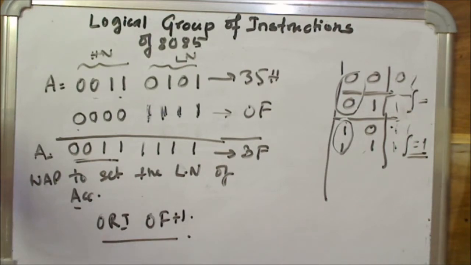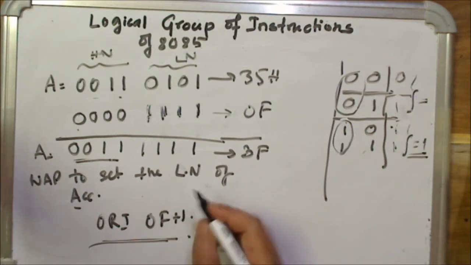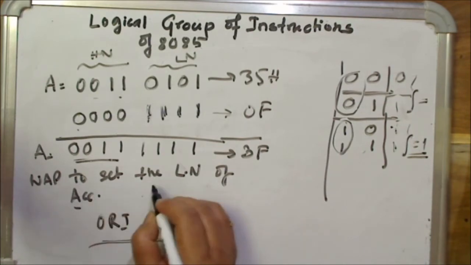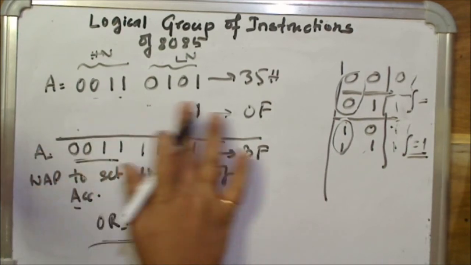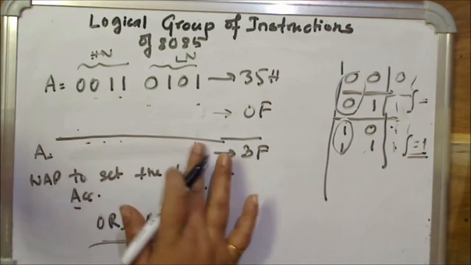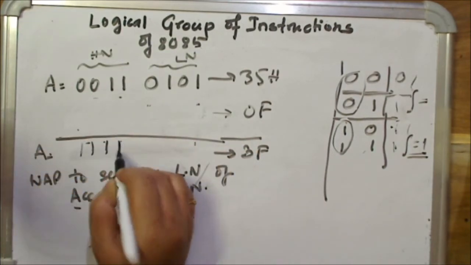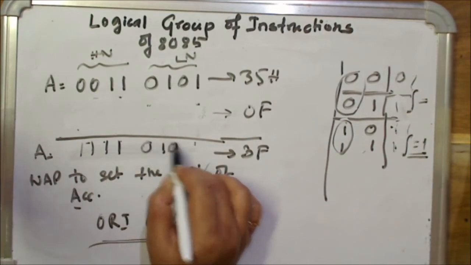What does the instruction mean? OR immediately the number in accumulator with 0FH, so the lower nibble will be set and the higher nibble will remain as it is. Now if I say write a program to set the higher nibble of accumulator, what you have done? The higher nibble will become 1 and the lower nibble will remain as it is.